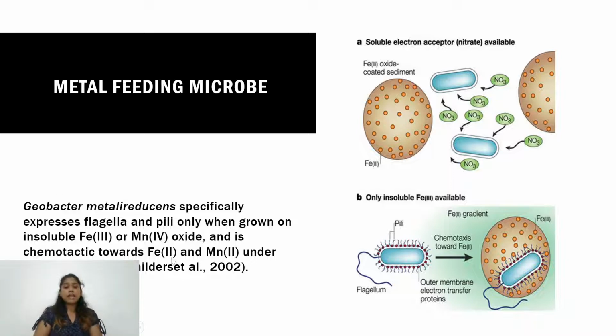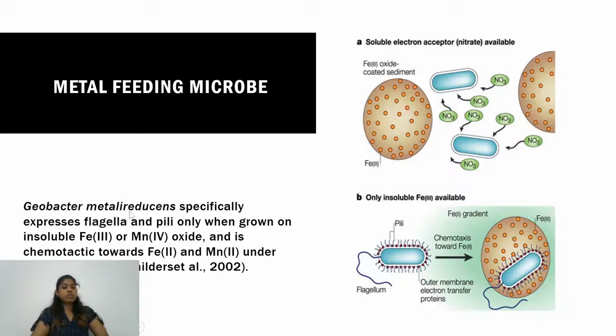So, here the example is for conversion of Fe3 oxide, ferric oxide, coated sediment, and manganese oxide, and it grows specifically in the presence of this conversion product itself.